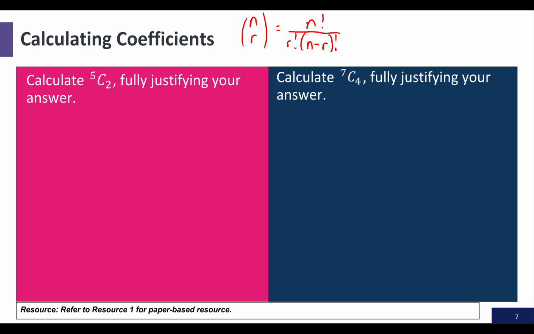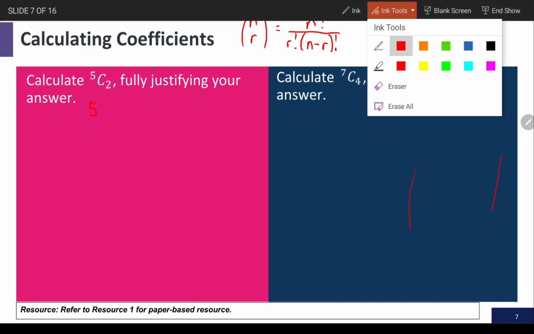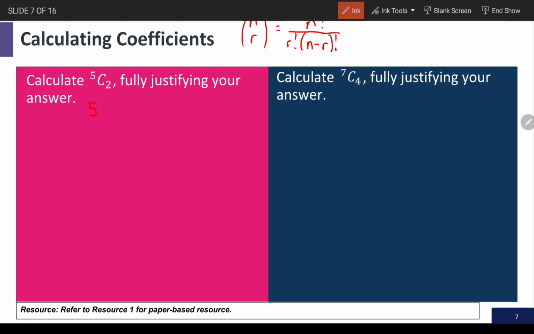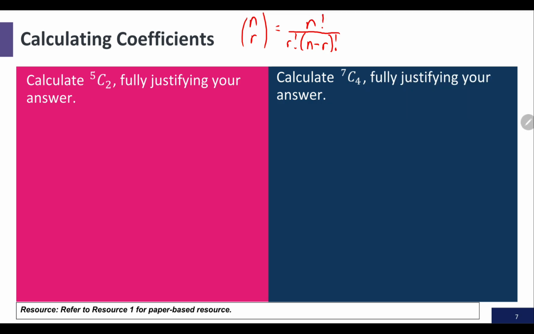So here we go. I'm going to write it ever so slightly differently. So 5 choose 2 is equal to 5 factorial divided by 2 factorial times 5 minus 2 factorial.